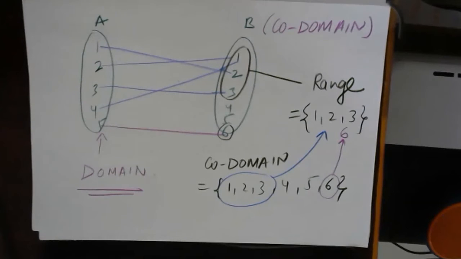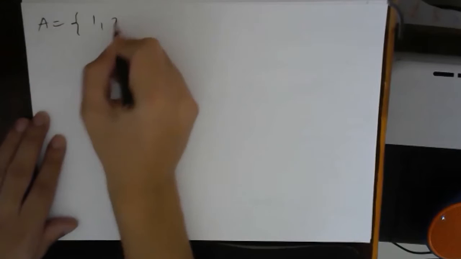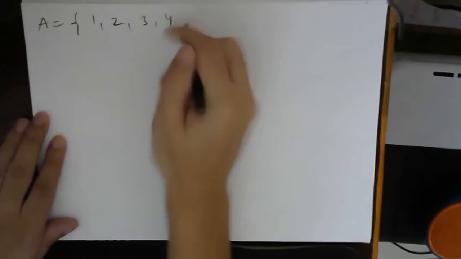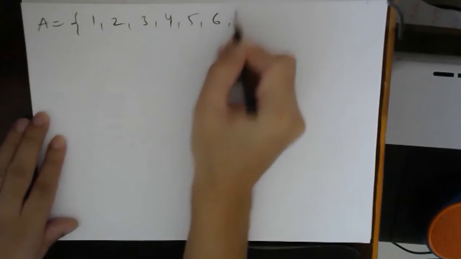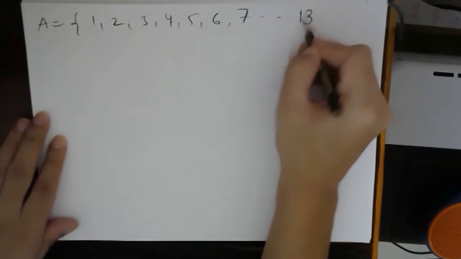Fine. Okay. See, and one more thing, suppose I have to write a set, suppose set A having elements 1, 2, 3, 4, 5, 6, 7 till 13.